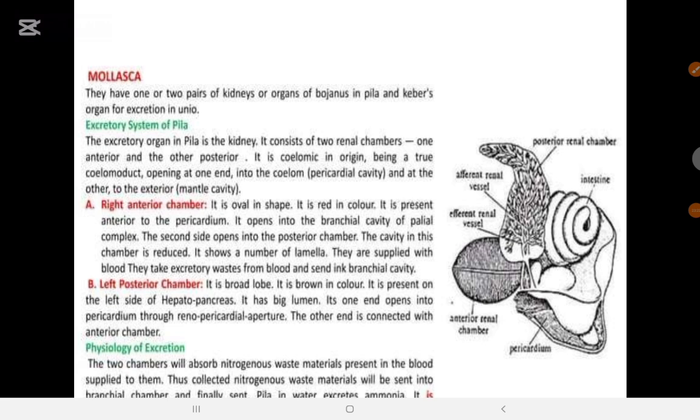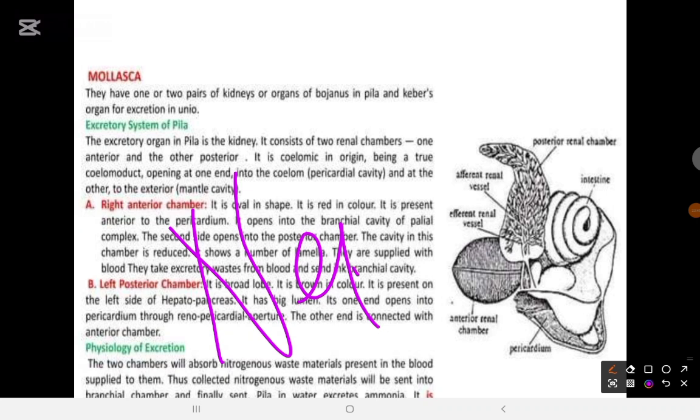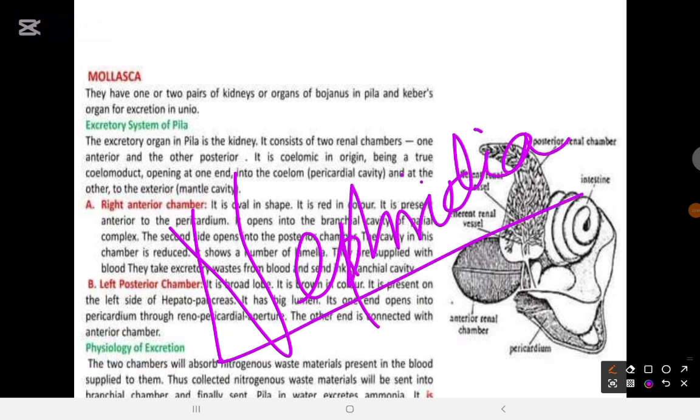Basically, they have specialized organs. Is that okay? And their organs are called nephridia also. Nephridia, but their nephridia are more advanced than the ones that we saw in the annelids.